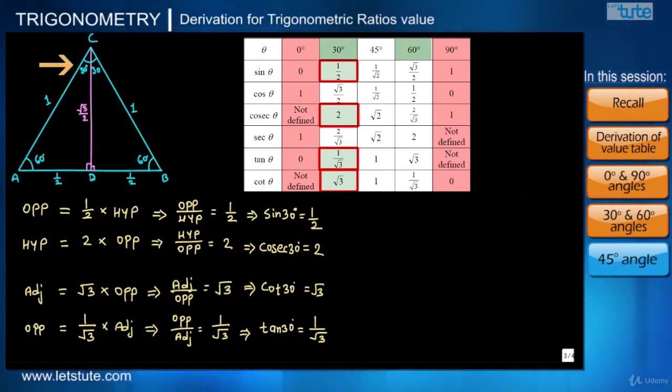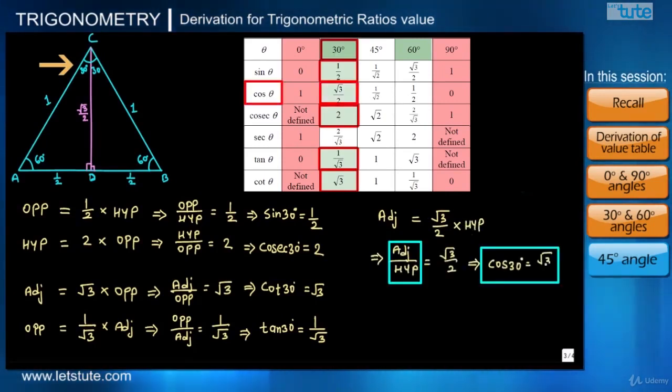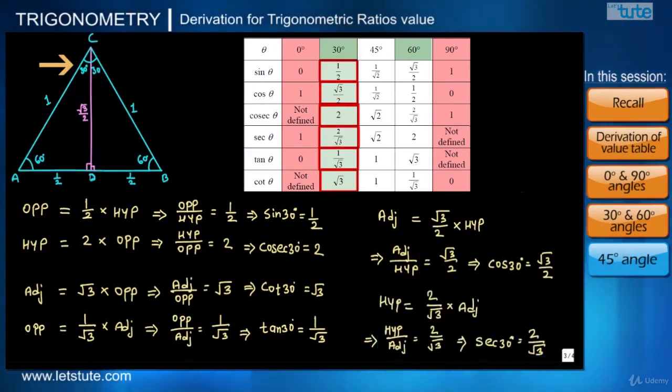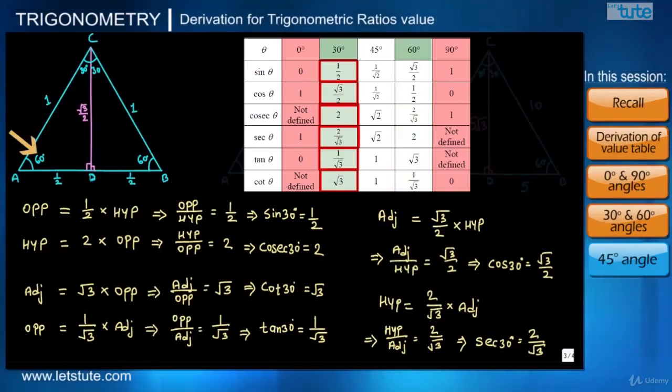Also, if we compare adjacent side of 30 degrees angle with the hypotenuse, then adjacent side is root 3 upon 2 times its hypotenuse. And so we have the value of cos 30 and sec 30. Similarly, we can do for its complementary angle 60 degrees and can get the values.